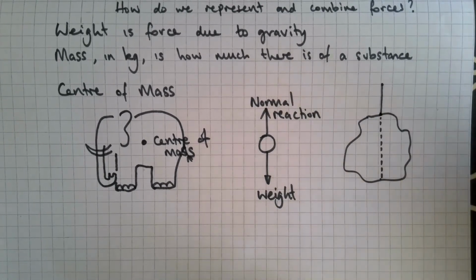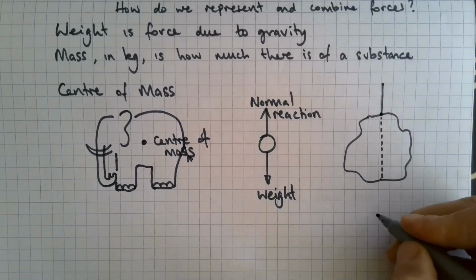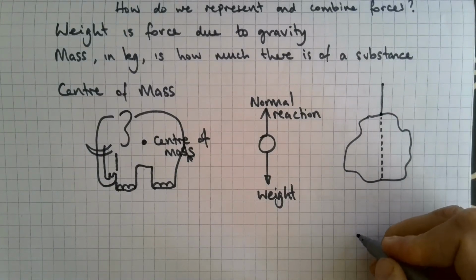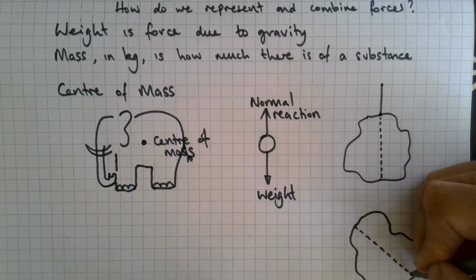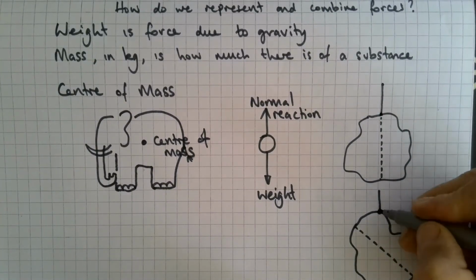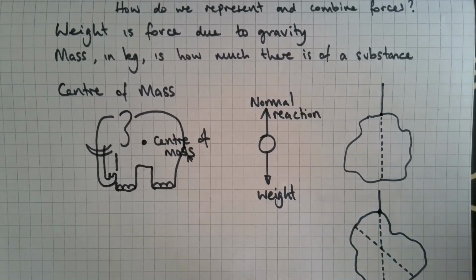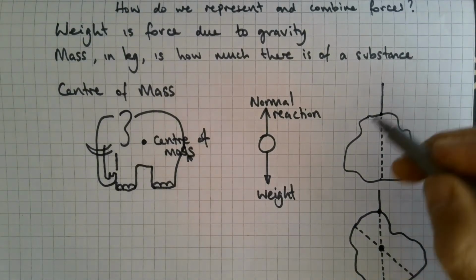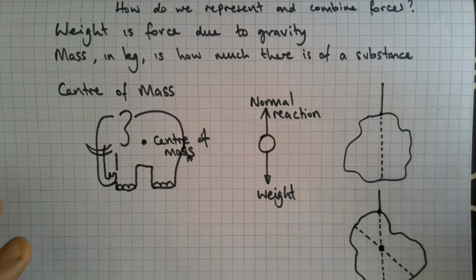So if we've suspended it here, and then I take the object again, obviously it's not the exact same shape because it's just a random object, and suspend it again and draw my line again, the centre of mass is at the crossing point. That is how we find the centre of mass.